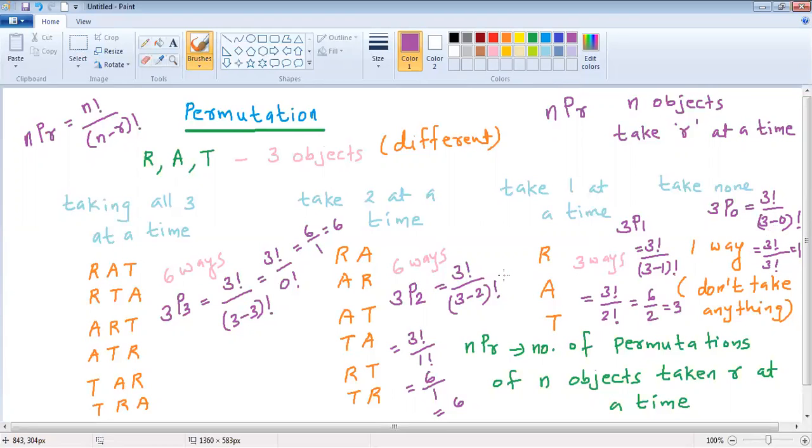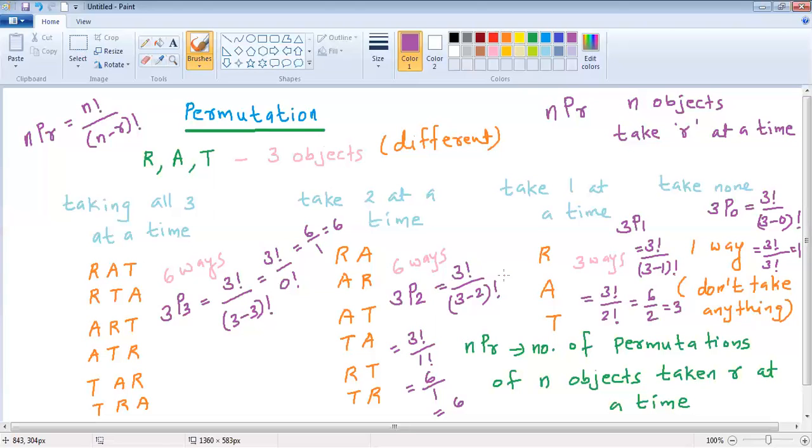Understood? So this is the concept of permutation. You have n objects, and here all the objects are different. If some of the objects are the same, there is a slight variation in the formula that we will discuss later. As of right now, you have n different objects. You select r objects at a time, and after that you arrange them.